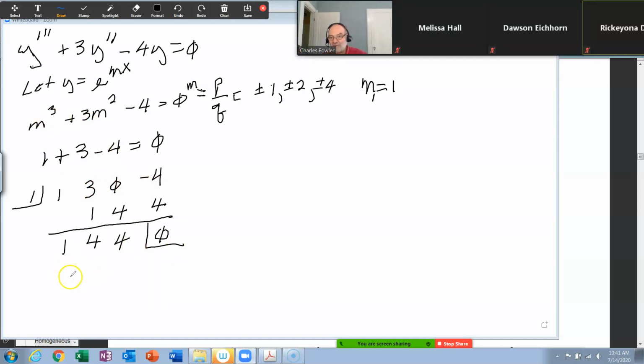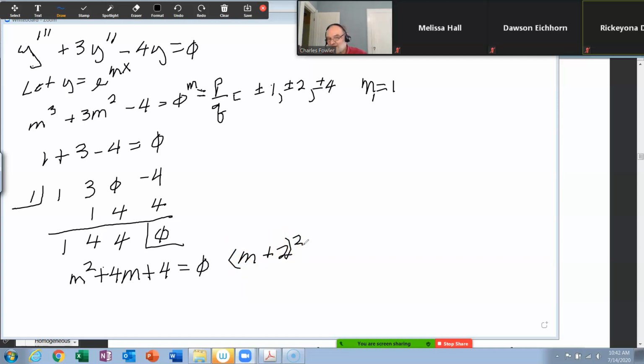Okay, so what does this mean? Your final is going to be M squared plus 4M plus 4 is equal to 0. Now I hope you look at that and realize that's a perfect square trinomial. That would be M plus 2 squared.